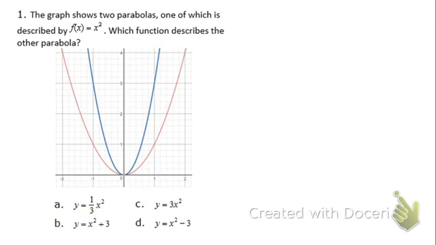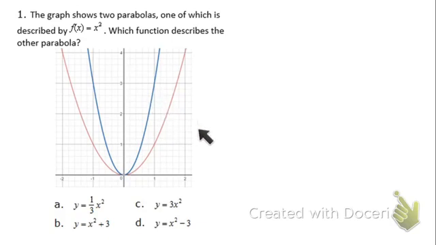Okay, one of the things you need to know is, do you know what causes all the rules? In this case, the red parabola is x squared, and the new one is the blue one.